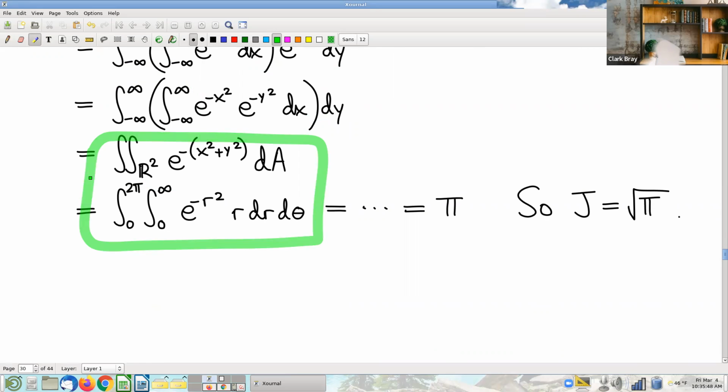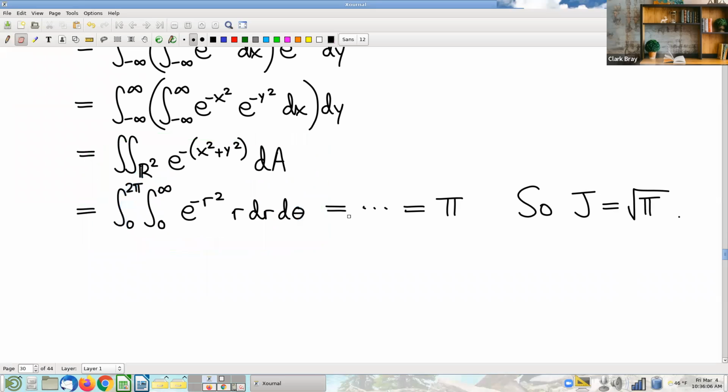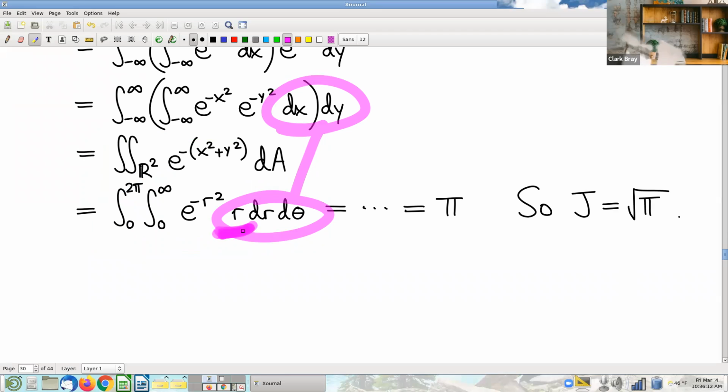All right, polar coordinates, let's think about what's happening here. Theta: all directions of theta, 0 to 2 pi. For any given direction, r goes all the way out to infinity, so 0 to infinity. Don't forget, dx dy is r dr d theta. Don't forget that r, critical r.